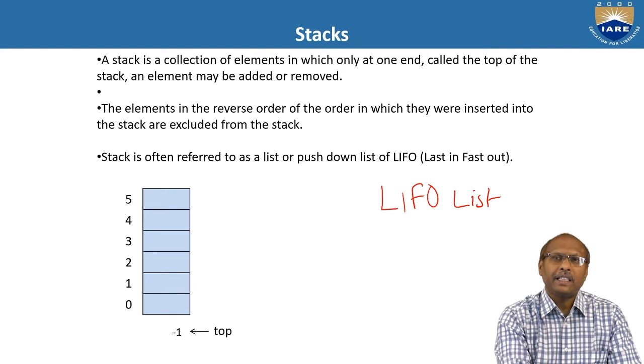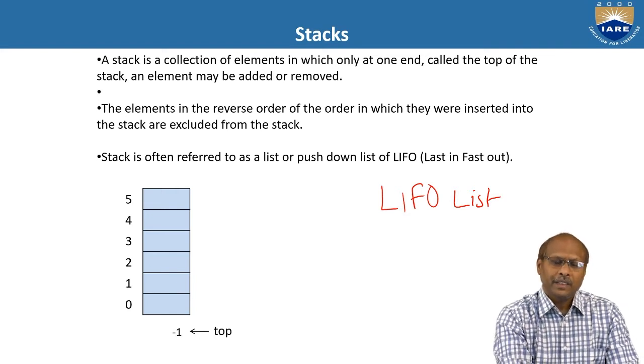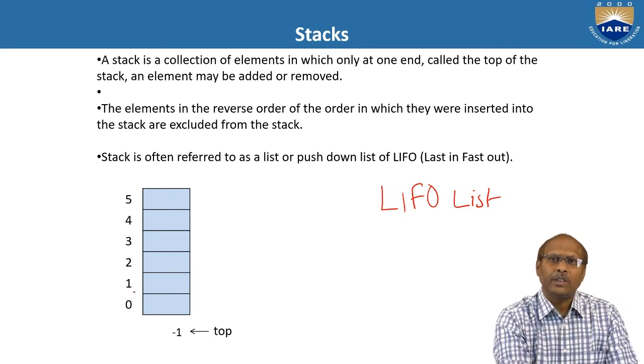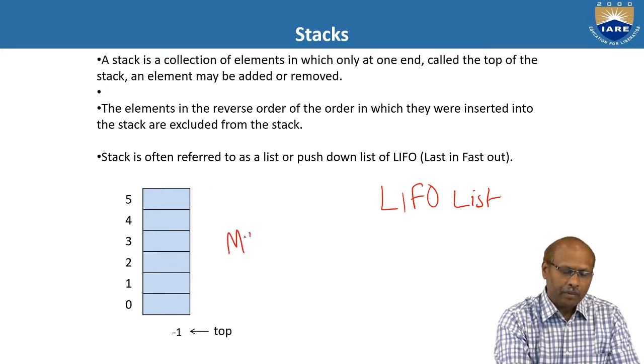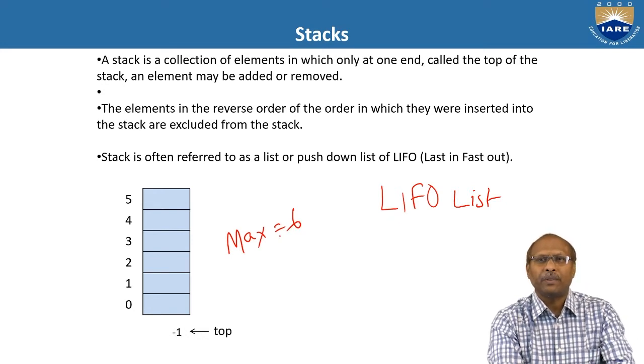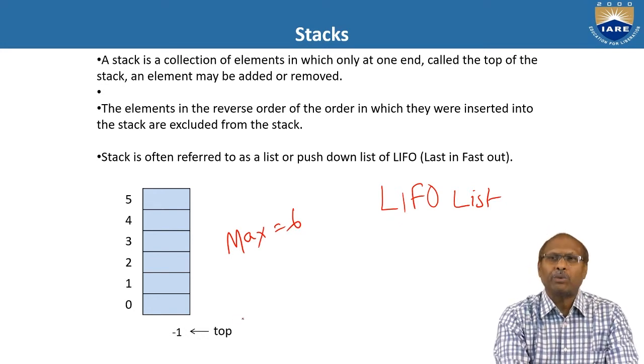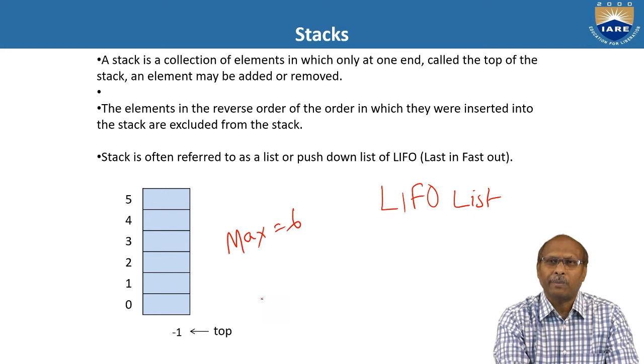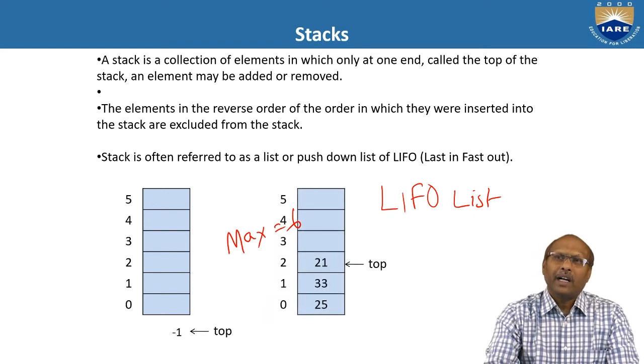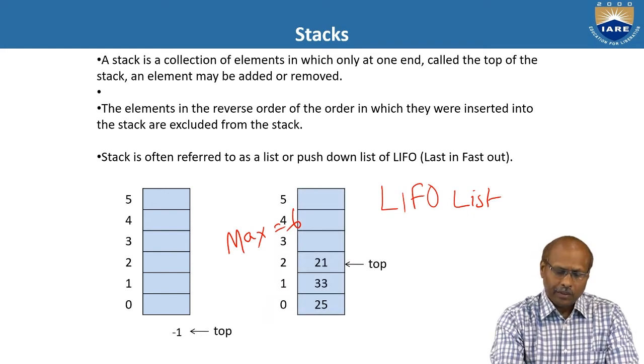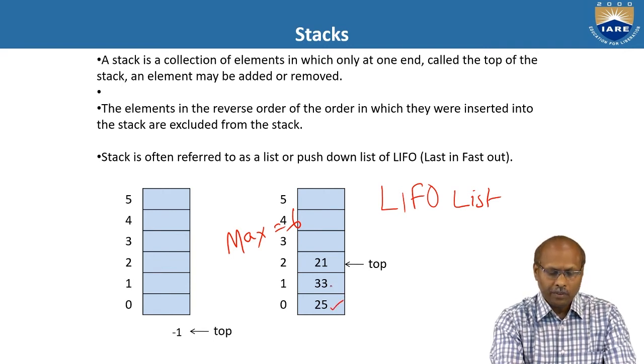Generally, when you say stack, it will always be represented in a vertical order. The starting index is 0, then 1, 2, 3, 4, 5. That means in this stack, the maximum number of elements you can store is 6. In this example, initially my top is -1, which means you have not started the process. Assume I am inserting 3 elements. 25 goes to the 0th position, then 33.